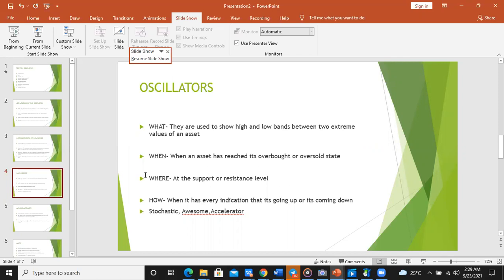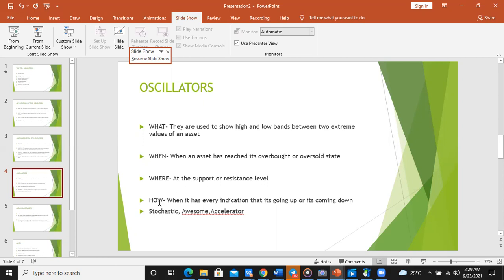The support and resistance level is quite technical, which they will take you through in the main Forex class, so that you know where your support is, and how to draw your lines on the support or the resistance level. That is where, when the oscillator reaches there, you'll be able to take your trade.